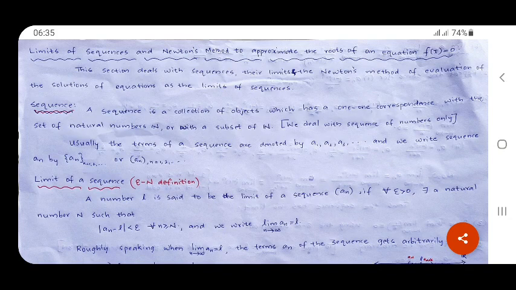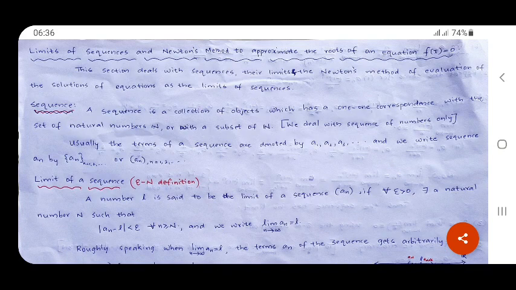The objects can be anything. They can be numbers or something else. But here we deal with sequences of real numbers only. Usually the terms of a sequence are denoted by a1, a2, etc., and we write the sequence as {an}, where an is enclosed in either curly brackets or round brackets.